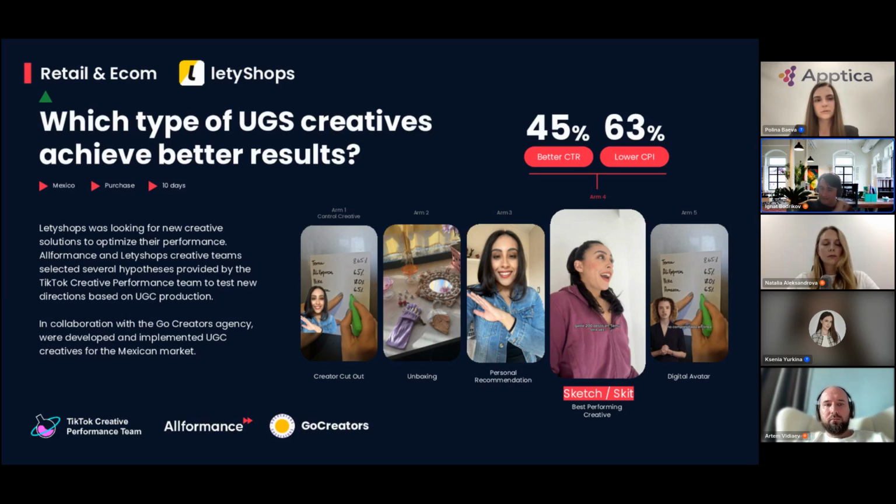Before this test, they only used simpler UGC creatives without talking, without sketch, without funny moments at all. So just simple UGC. And a more complex approach makes them grow with this kind of stuff.